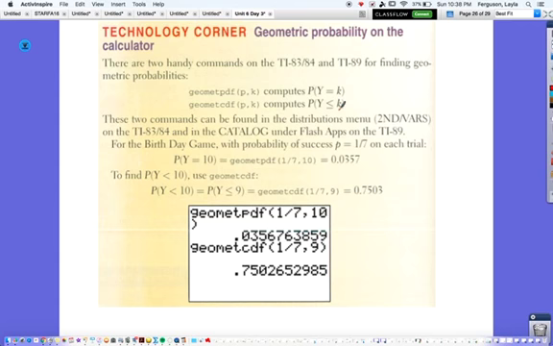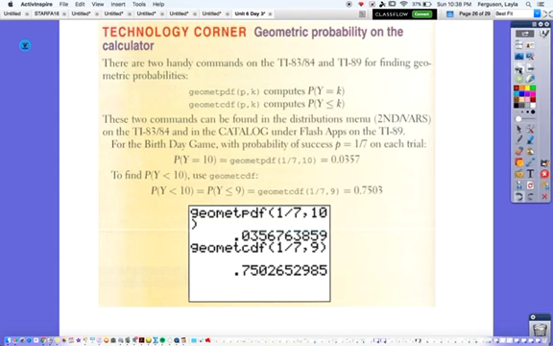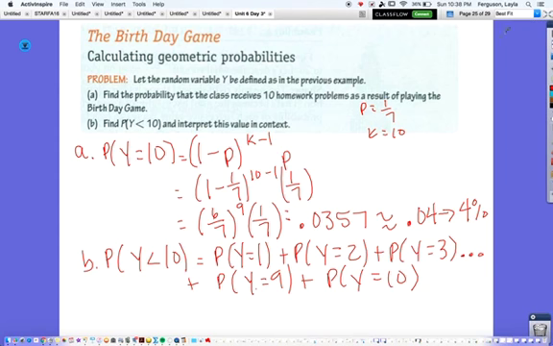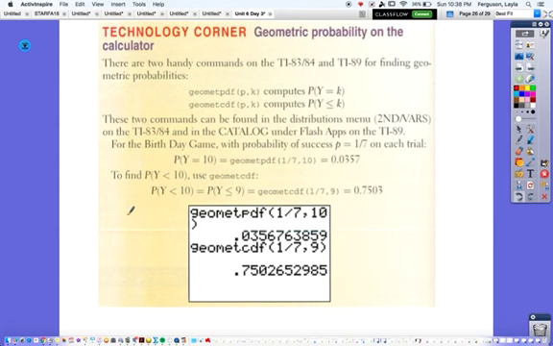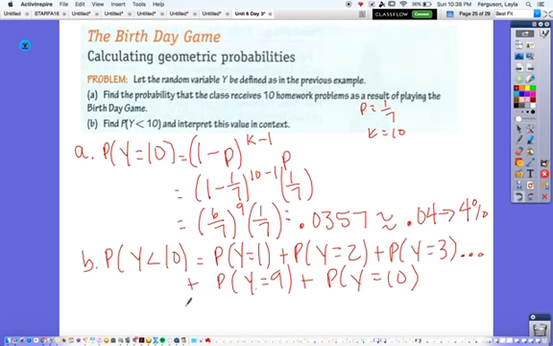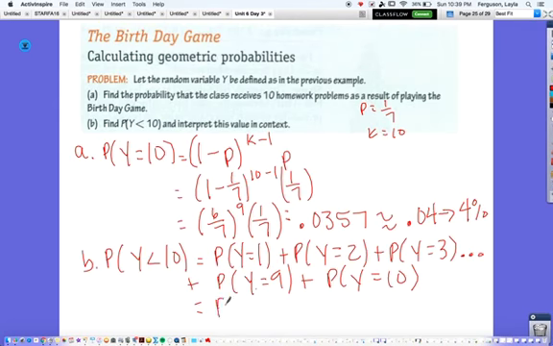For our problem, we're doing less than. So what we would need to do is say the probability that Y is less than or equal to 9.